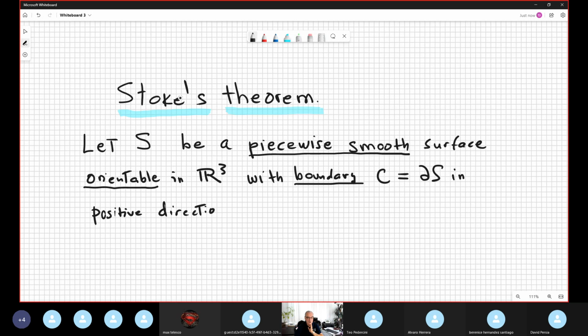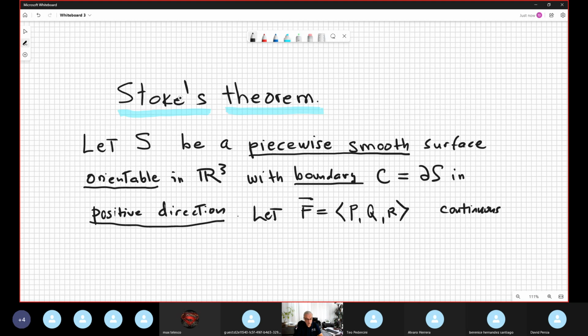I want to explain what is positive direction. There are too many concepts inside this. And of course, let F be a vector field with three components, P, Q, R. And P, Q, R are continuous and differentiable. So the functions P, Q, R are continuous, and also the partial derivatives are continuous.